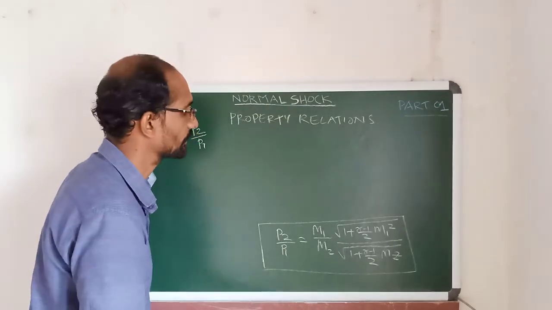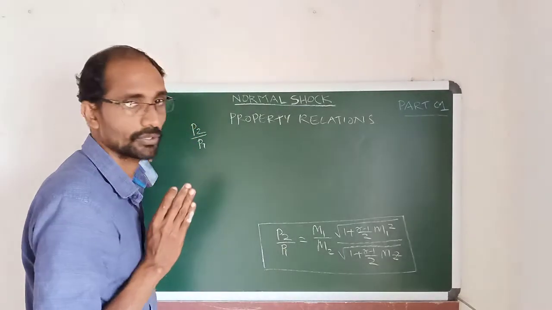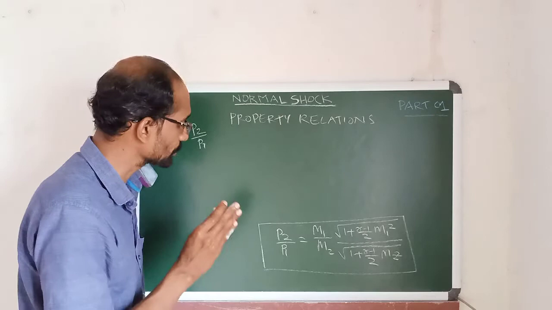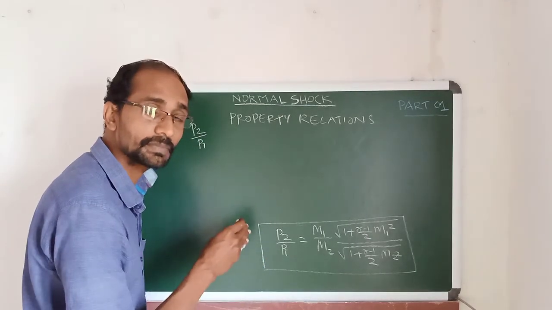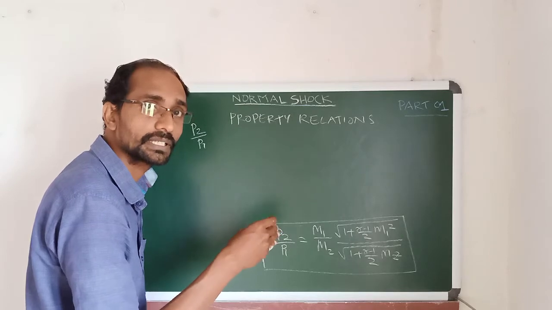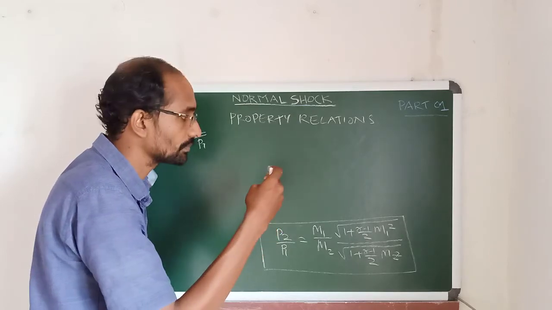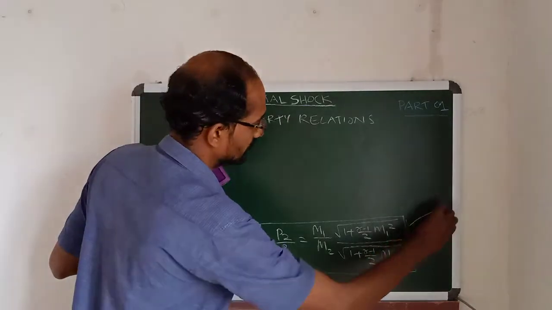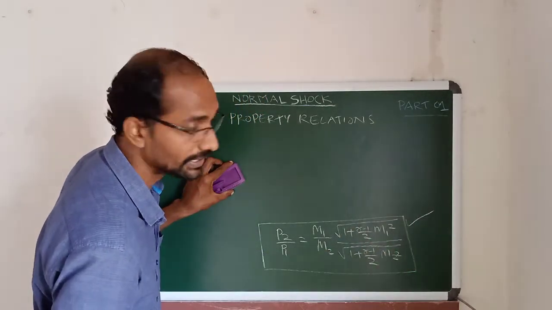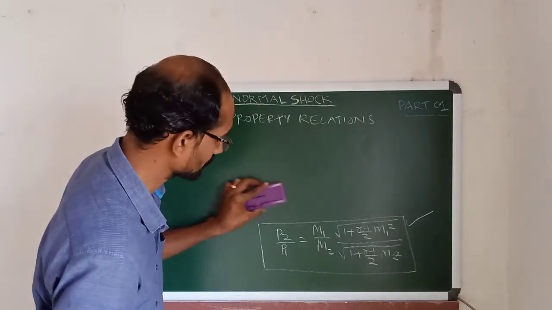So we have used everything, but we haven't touched the momentum equation. Now I am going to develop another expression for P2 by P1, this time from the momentum equation. You have to write this down and remember it.